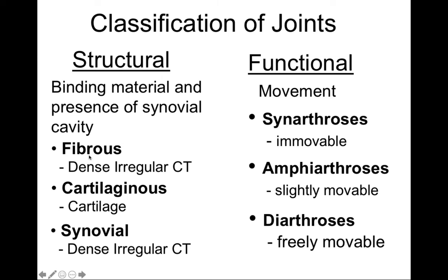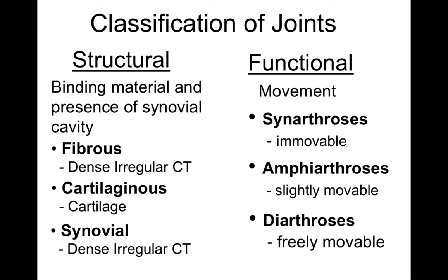Fibrous joints can be further broken down based upon how much connective tissue is found at the joint. Joints that have very little connective tissue are not going to be very movable. However, joints that do have more connective tissue will have the freedom to move around a little bit more. Cartilaginous joints can be further broken down into the type of cartilage that's found at the particular joint.